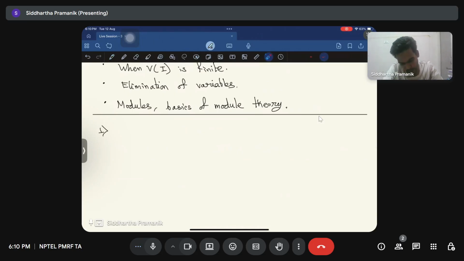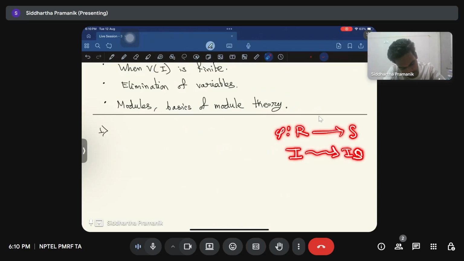So we have seen in the lectures that if we take a ring homomorphism phi from R to S, and if we take an ideal I of R and extend it, then we call it I times S. Now again we can contract it back, and then we call it IS intersection R. So this is an ideal of R, and this ideal always contains I.